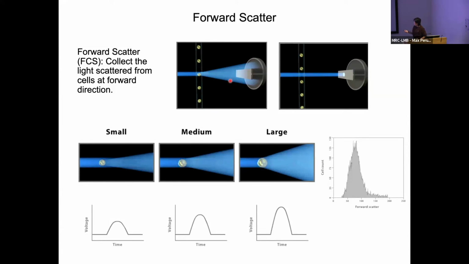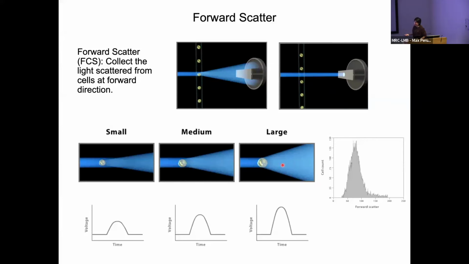So if your cells are uniform, you see the larger cells will deflect the light at a larger angle. So if your cells are uniform, the forward scatter will be measured. The measurement from forward scatter is related to your cell size.